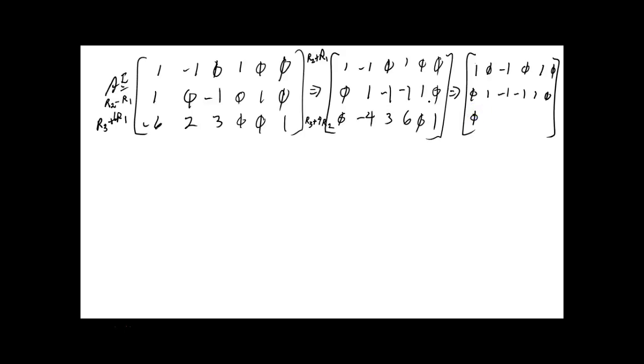Second entry will be 0. I read my subscript wrong. Next will be -1. Next will be 2. Next will be 4. And last will be 1.